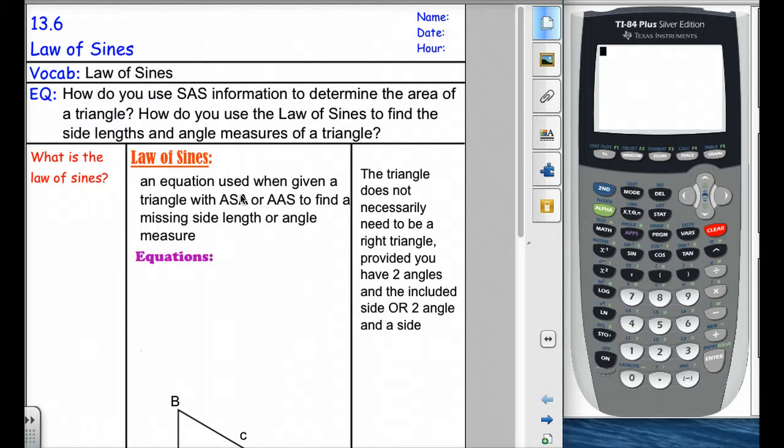So our equations are the sine of A over A equal to the sine of angle B over side B equal to the sine of angle C over C, or the reciprocals of that. Now you won't use all three of them at once, but you will use two of them at a time to get your information.